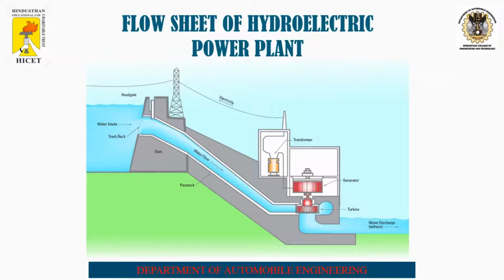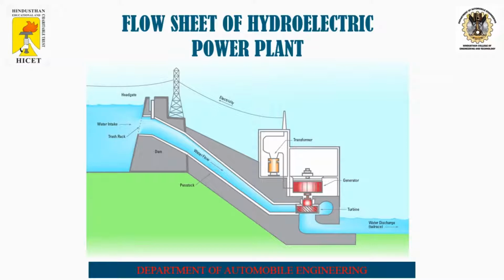This is a flow diagram of how the energy conversion process takes place in a hydroelectric power plant. As we all know, a hydroelectric power plant is a hydraulic-energy-based electricity producing power plant. It converts the hydraulic energy available in the form of water energy to electrical energy with the help of some important devices, among which the most important is the turbine.